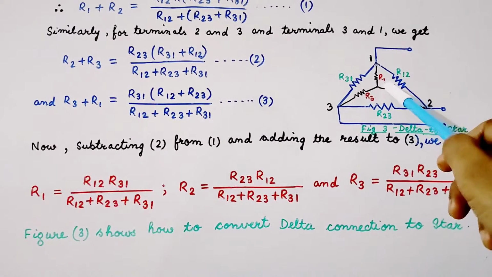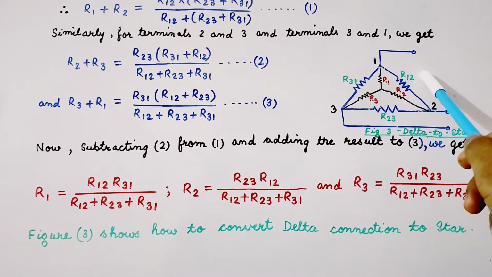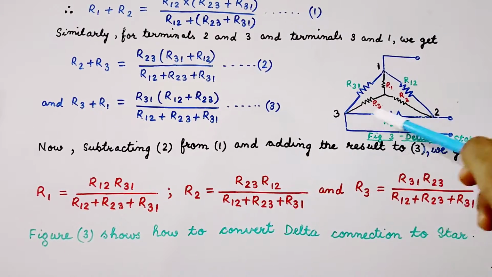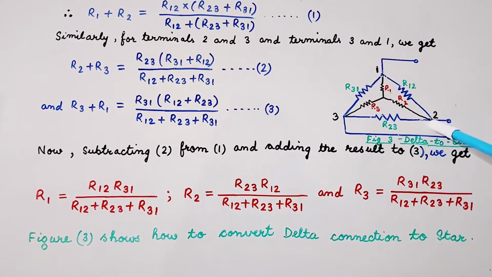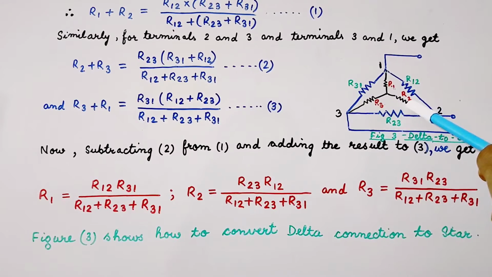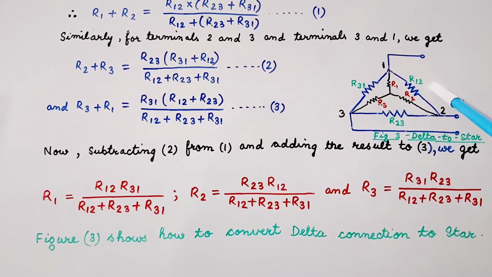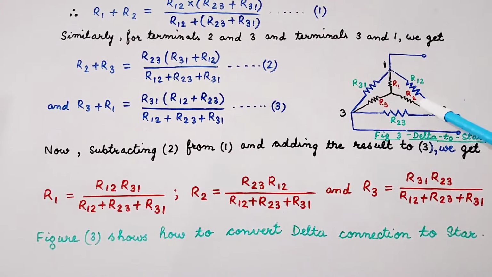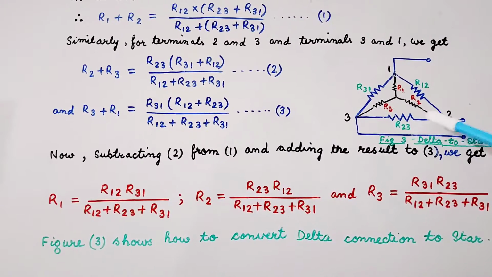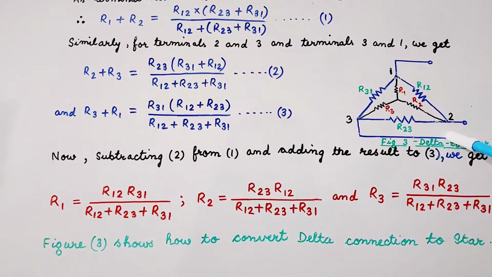So the value of R1 will be equal to the product of R12 into R31 divided by the total sum of the resistances. Similarly, in order to find the value of R2, we find that R2 is connected between R12 and R23. So the value of R2 will be obtained by multiplying R12 with R23 divided by total.